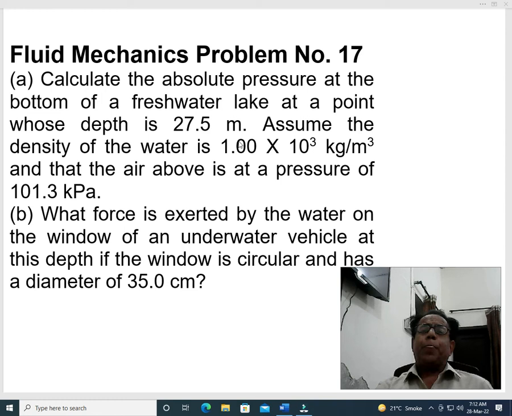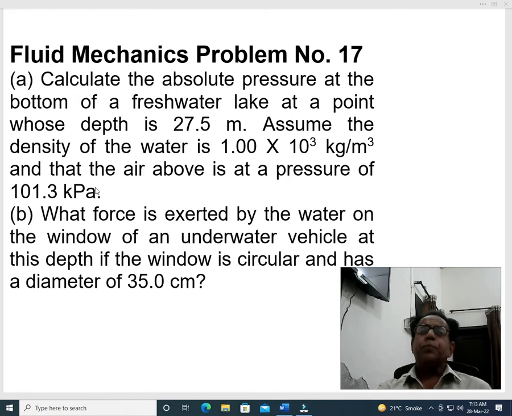Dear students, here one thing is to be noted that this portion, that assume the density of the water is 1.00 into 10 raised to the power 3 kilogram per meter cube, and that the air above is at a pressure of 101.3 kilopascal, these two quantities are constant, physical constants, which are usually given in tables at the end of a textbook in appendix.